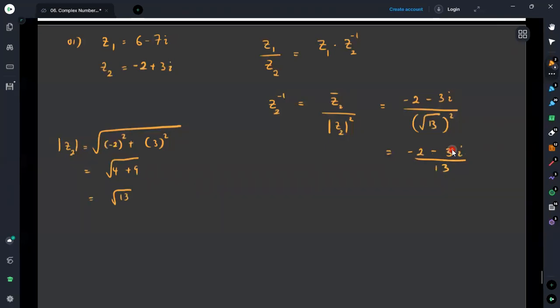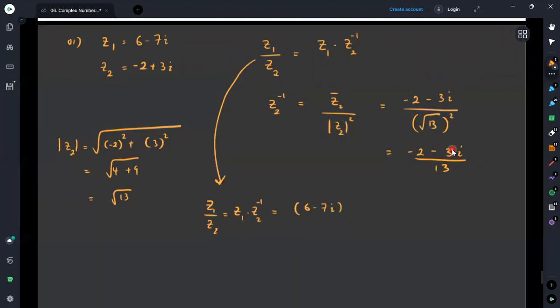Here I will keep this value as it is, because I have to do the multiplication, and at the end I will divide by the real number. Since I need to obtain a value for this, Z1 over Z2 can be written as Z1 times the multiplicative inverse of Z2. Z1 is 6 minus 7i.